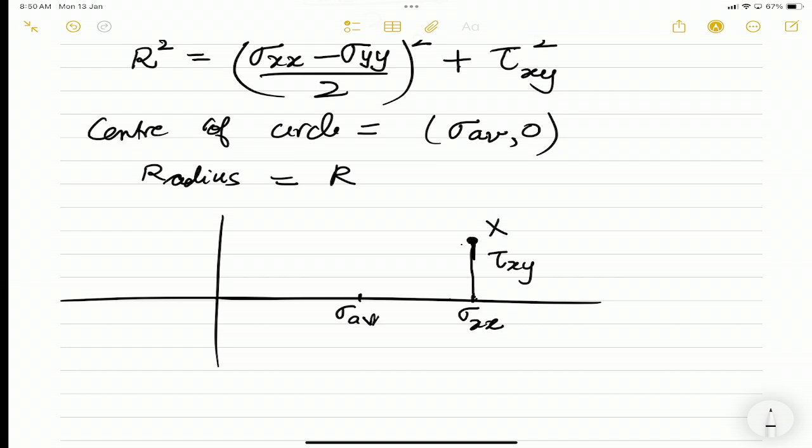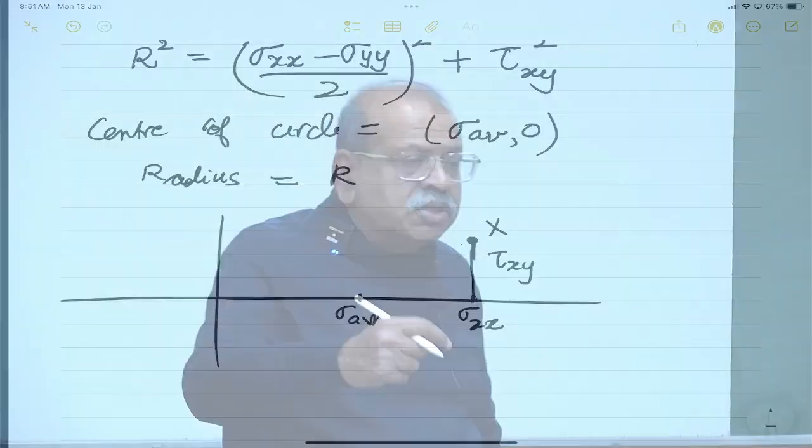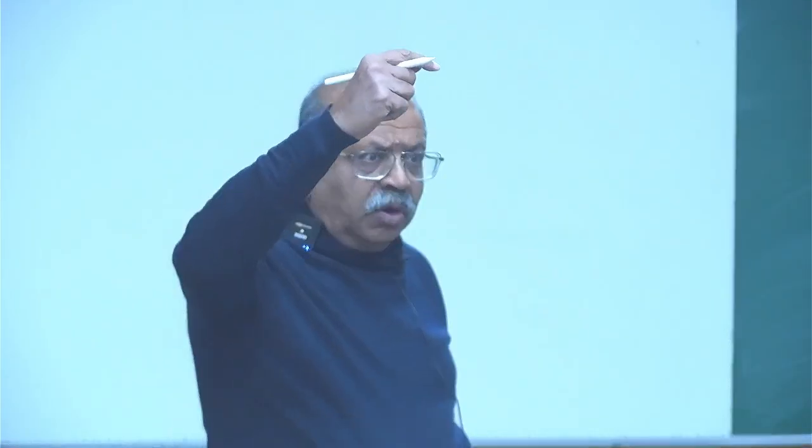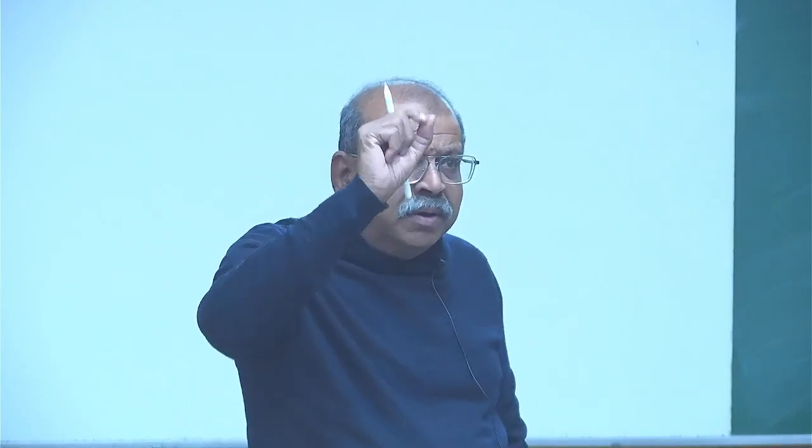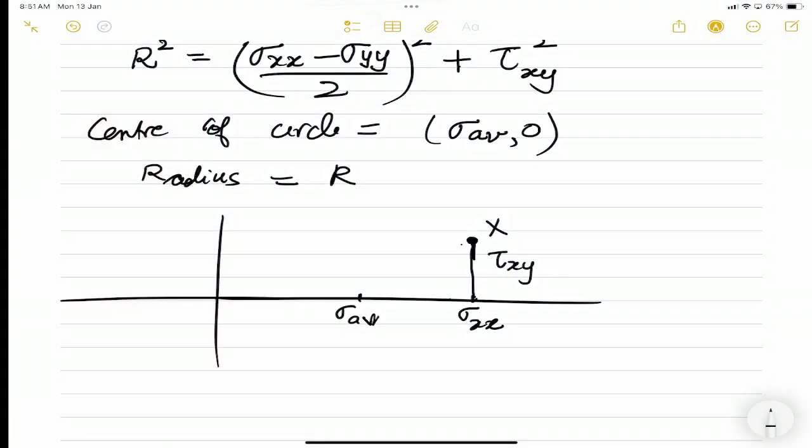So sigma xx on the x-axis and tau xy on the y-axis gives me the state of stress for this point. And the radius of this circle is what? It is sigma xx minus sigma yy by 2 whole square plus tau xy square.